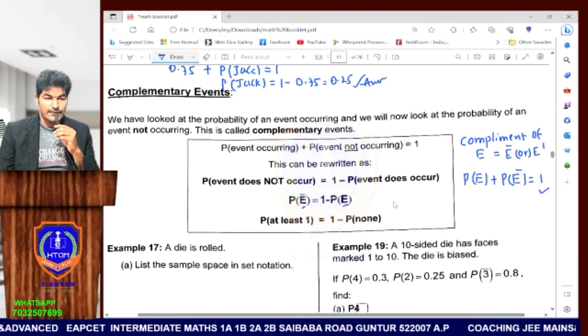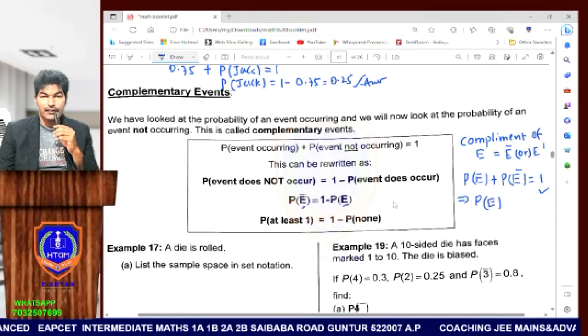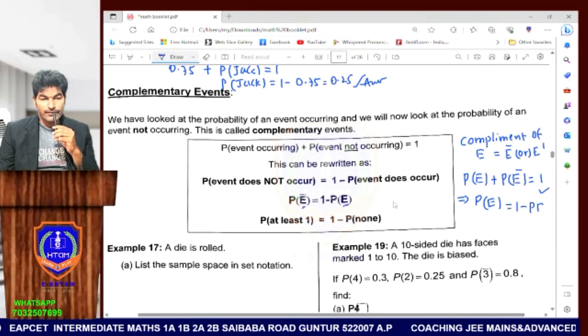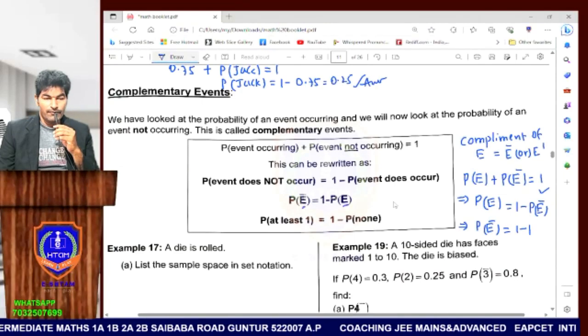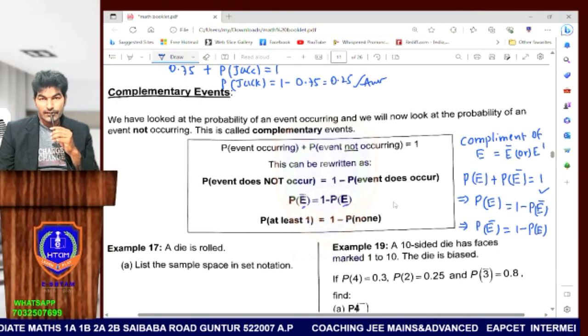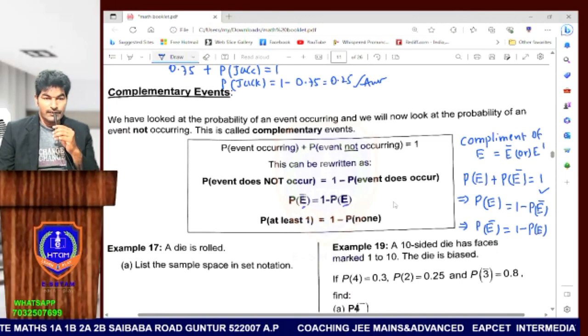From this relation, you can write either P of E equal to 1 minus P of E bar, or P of E bar equal to 1 minus P of E. According to the situation, you can use these results.